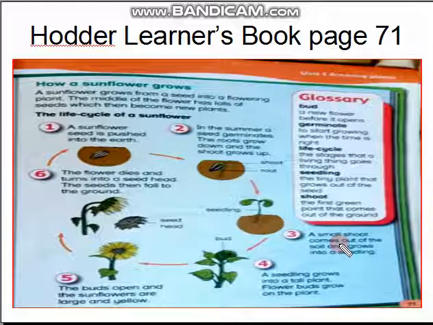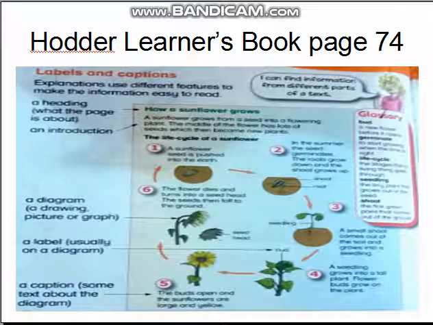Now let's go to page 74. In page 74, we are here to find the different features of an explanation text. Again, these are the different features of an explanation text. Here, what do we call this part?